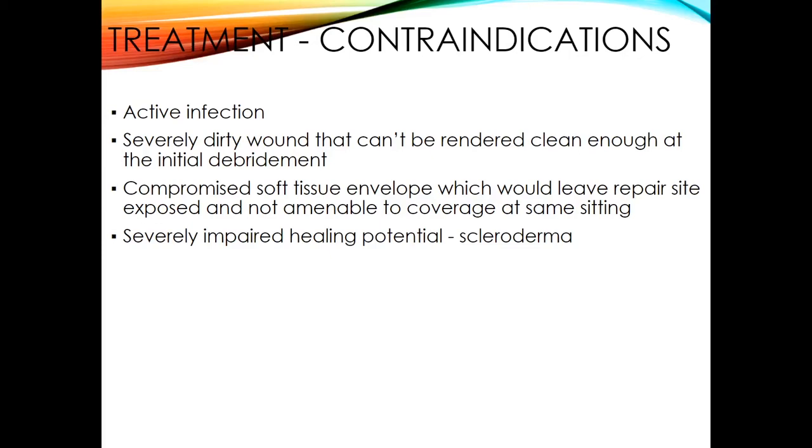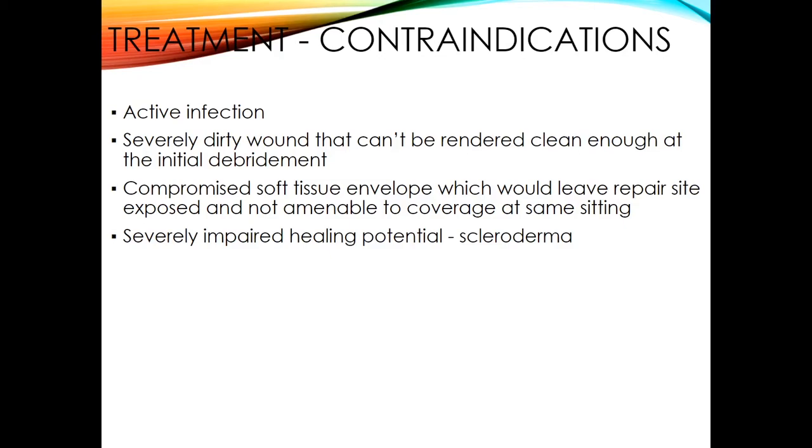There are some contraindications to treatment of flexor tendon injuries. Active infection, of course, is one. We generally use braided sutures for the repair of these, so you wouldn't want to use that in the case of an active infection. If you have a really dirty wound that you can't get clean enough at the initial debridement, you might hold off for a couple days on doing your tendon repairs.